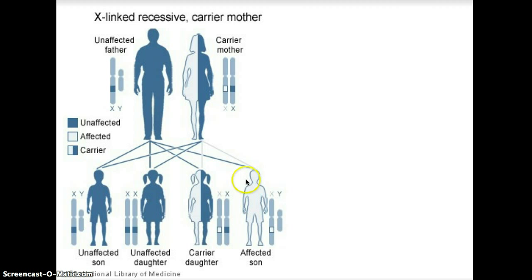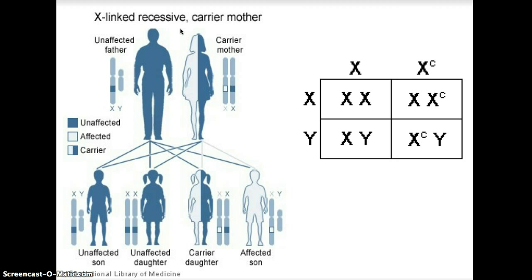Then, with colorblindness being X-linked recessive, you'll already have the X's and the Y's in place. This is a little bit different than the previous slide, I apologize about that. But then you'll want to put in the recessive alleles that were transferred from the mother.